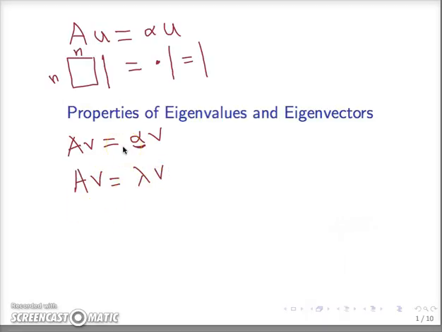So it doesn't really matter, but the important thing is that there is a square matrix A, which multiplied by a non-trivial vector gives exactly a scalar multiple of that same vector, and that's precisely what defines eigenvalues and eigenvectors.